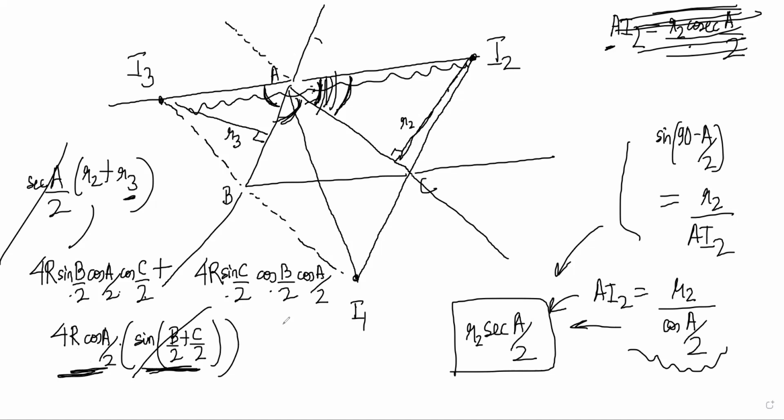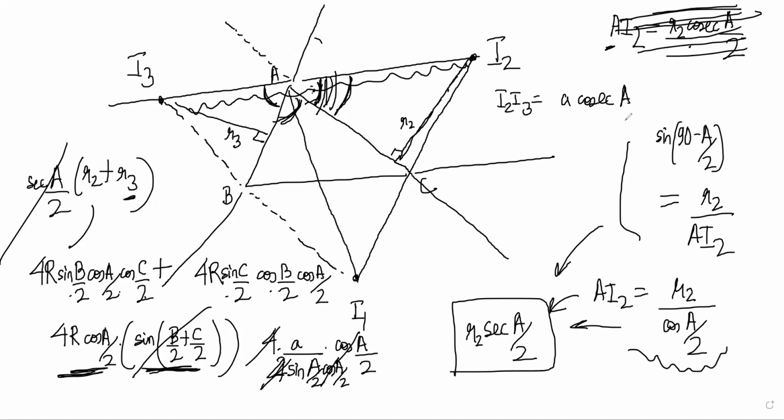This can be converted by writing it as 4R into 2 sine A by 2 cos A by 2, which gives 4 sine A by 2 cos A by 2. 4 cancels, cos A by 2 cancels, and we are getting A by sine A by 2. So I2, I3 is equal to A cosec A by 2, right?